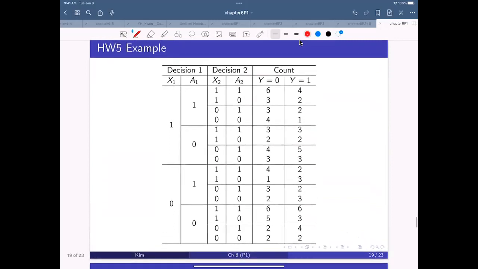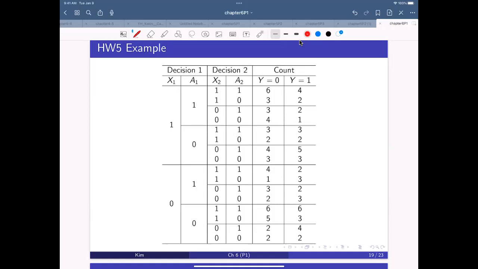Basically, you have a decision X1, and at that time, using D1, you have this possibility. And then decision 2, you have this possibility, and this possibility. And then you now have a realized count.